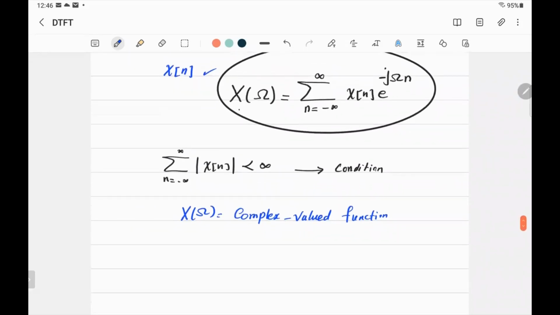Why do we expect that? Because you multiply by e to the power minus j omega n, which is complex. All right. The second thing: it's periodic. The result is periodic. So X of omega is a periodic function.